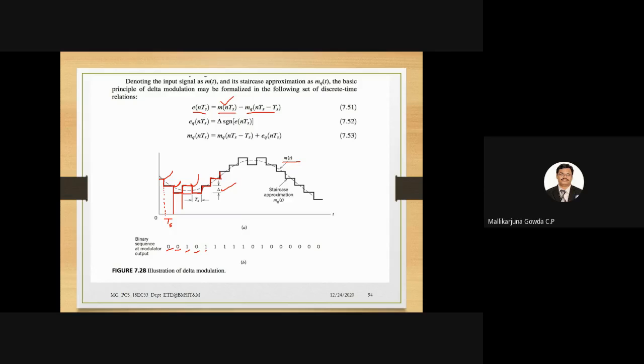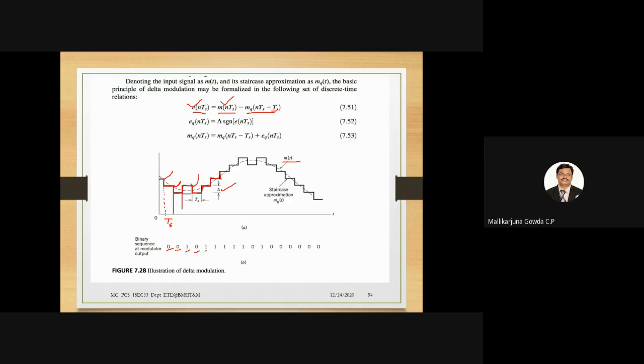M suffix Q indicates the quantized version of the original message signal delayed by a sample interval TS. The difference of those two will be the input to the quantizer. Is this fine?